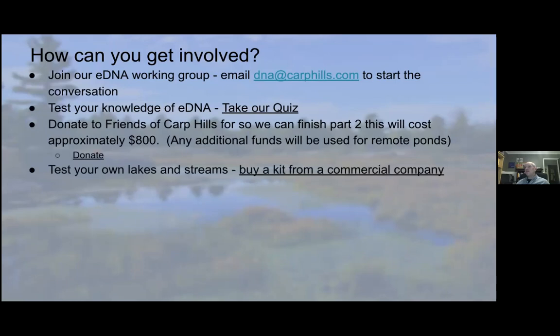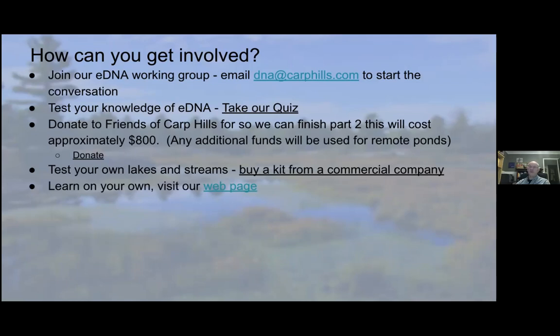If you're just interested in testing your own lakes and streams, the places that you love, you can buy a kit from a commercial company. They cost between $50 and around $500, depending on the number of tests you want done. You can do really simple ones, like just fish, for example, and you can just learn on your own.